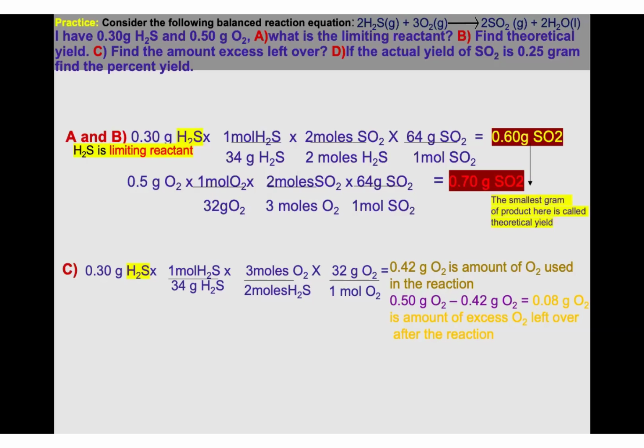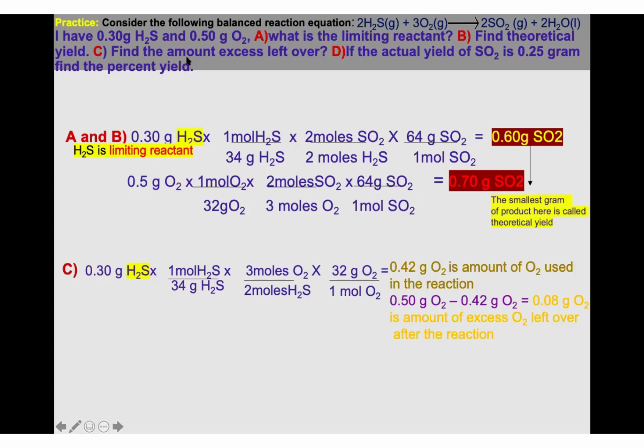Start with the limiting reactant. Then you find the mole of it. Then you relate it to your excess using coefficients. So you have 2 mole H2S, 3 mole O2. Then I find the gram of O2. This is the amount of gram of O2 that is used in the reaction.